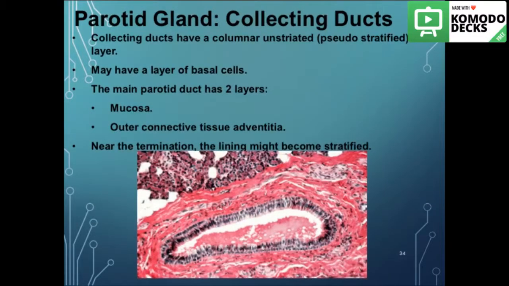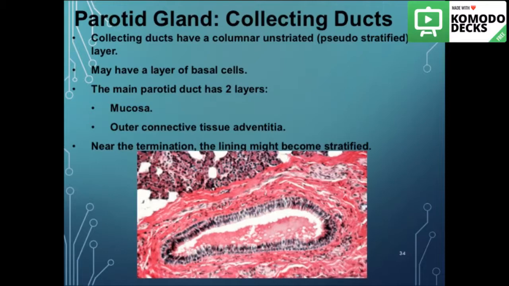The largest ducts are called the collecting, excretory, or main duct. They have unstriated, unaligned columnar cells, which gives the appearance of a pseudo-stratification, like multiple layers, but they are one layer only. It may have a layer of basal cells in some regions.